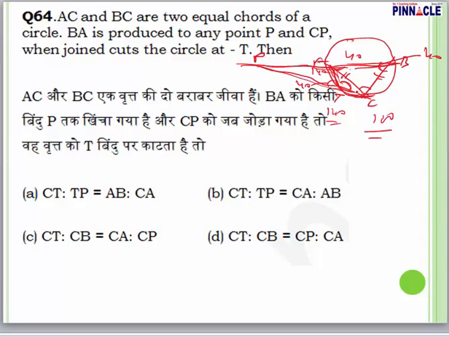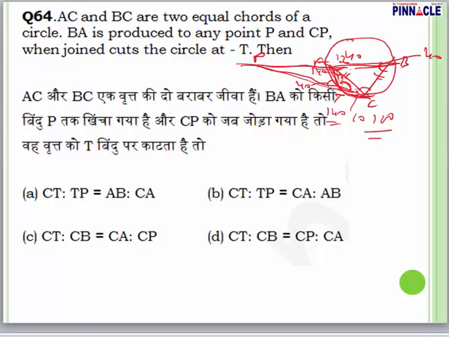But this angle and this angle would be equal to this angle and this angle. So ultimately, if I put, for example, here the value 10, then this would be equal to 130.